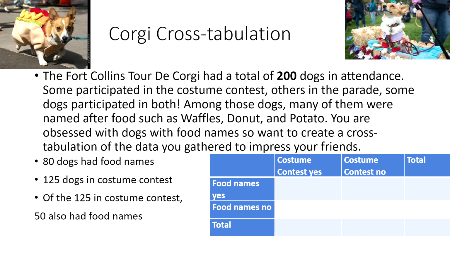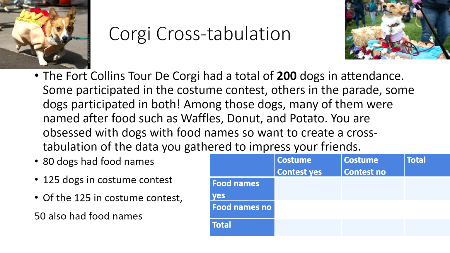And so in my case, I like to approach this question by starting with the total of all the observations that we're looking at. So in this case, the total of 200 dogs in attendance. And I would go ahead and pop that in that lowest, rightmost cell of the table, where the total column meets the total row. Next, I would look at 80 dogs had food names.